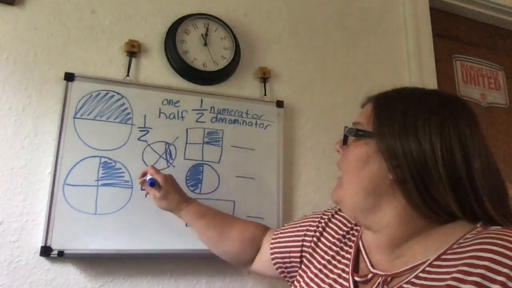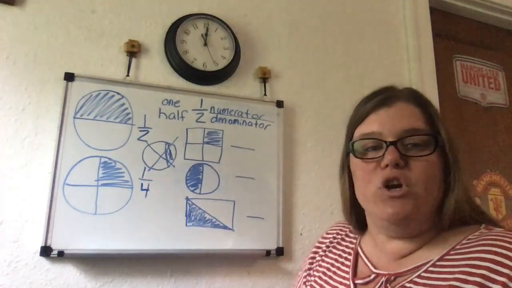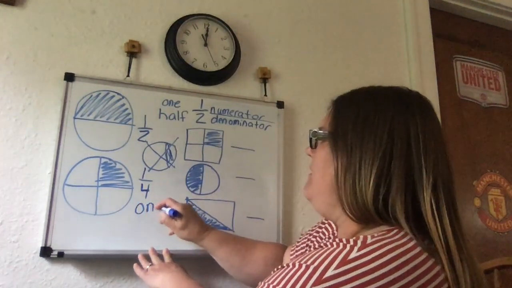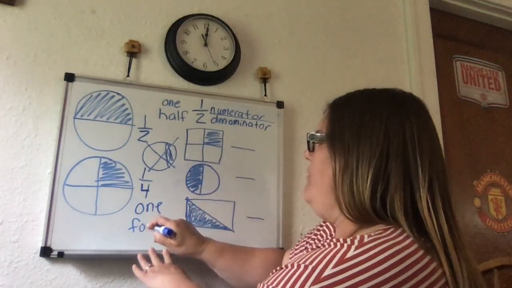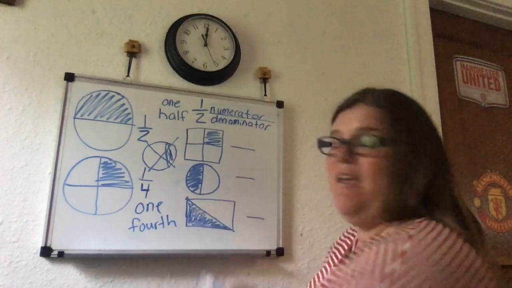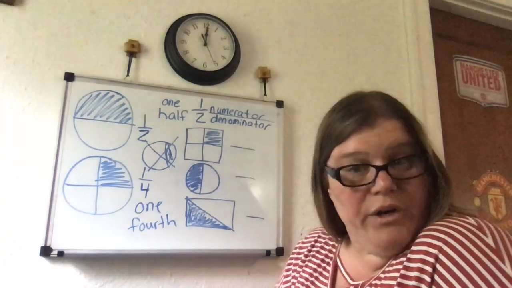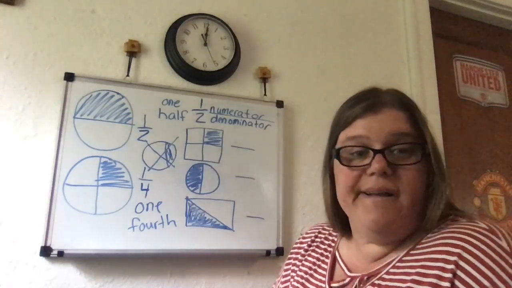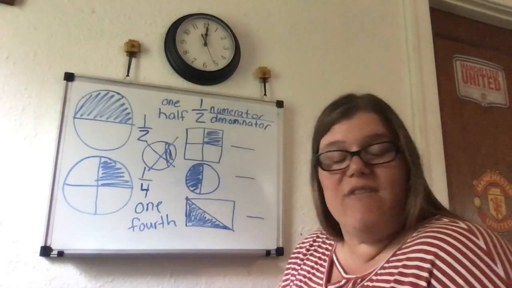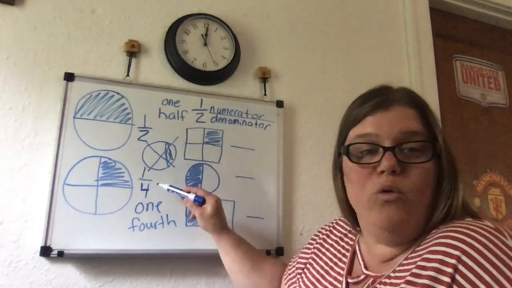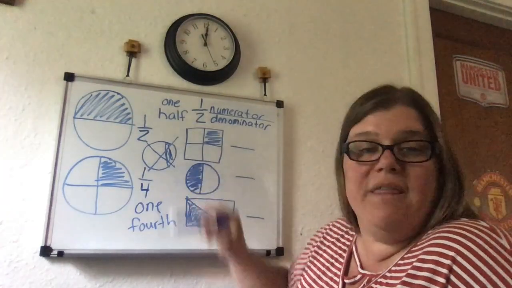Good, 1. 1 out of 4 are shaded. Another name for this number is one fourth, 1/4. Can you say one fourth? You might hear it called one quarter also, because we just like to give lots of names to things. So one fourth or one quarter, the word form, the number form.